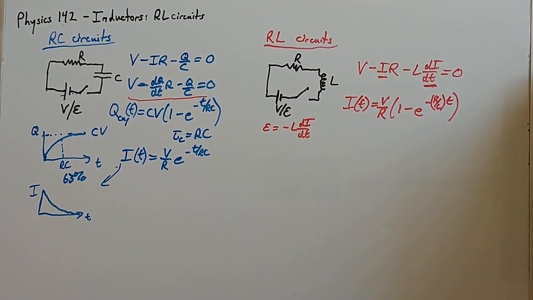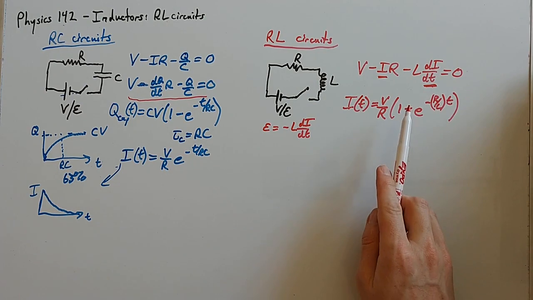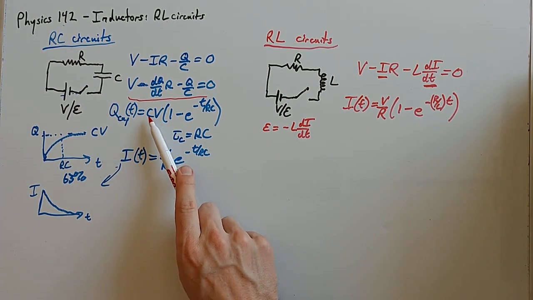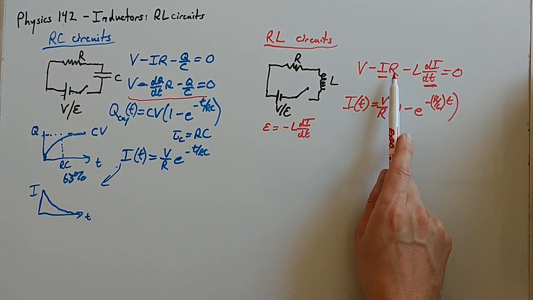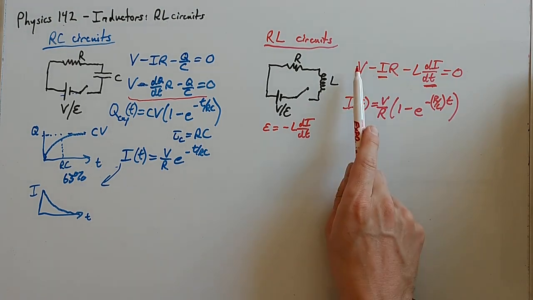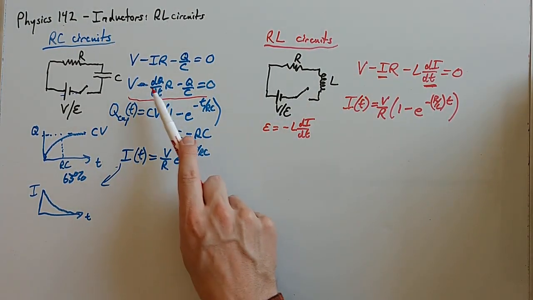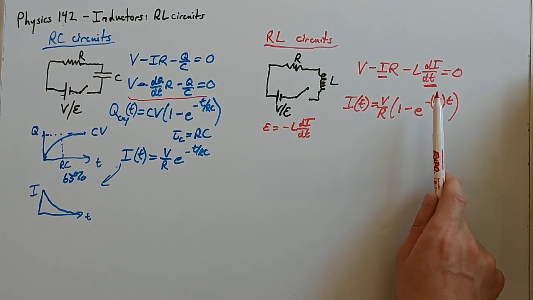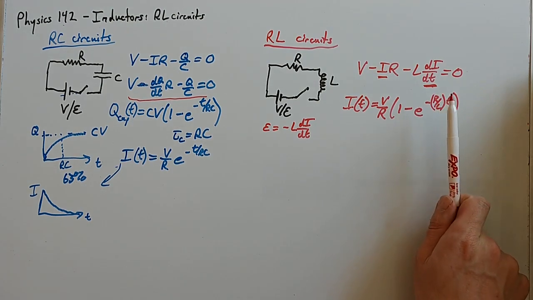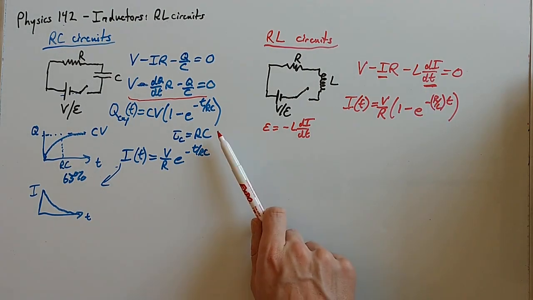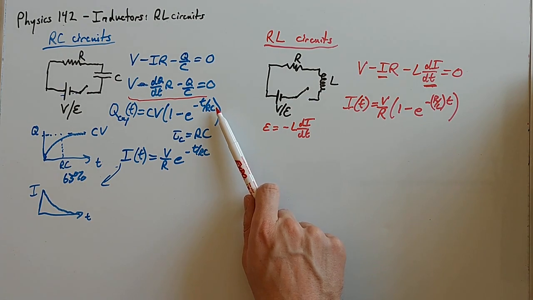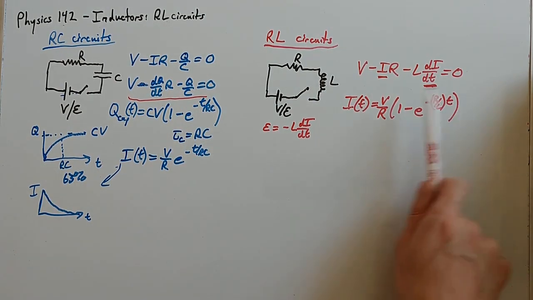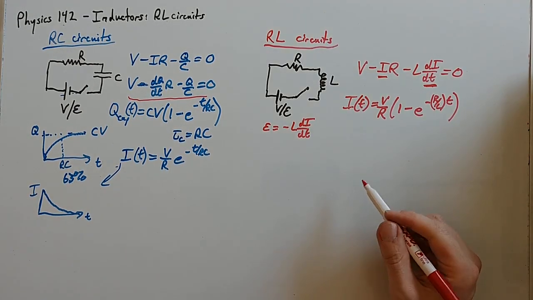So very similar. It's just that C got replaced with 1 over R, and the V was still in the same place. And here, again, C is getting replaced with 1 over R, and R is getting replaced with L. So a few different variables, but a similar-ish looking equation at the end.